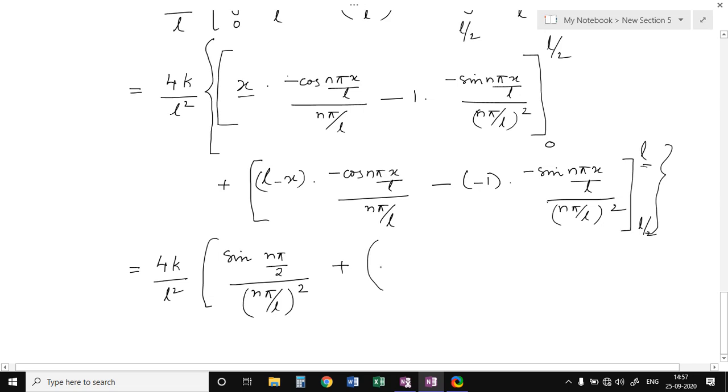Therefore, the value of the function at the upper limit is 0, minus the value of the function at the lower limit L by 2. When you put x is L by 2 here, we get sin n pi by 2, which is 0 for the first term, and from here minus sin n pi by 2 the whole divided by n pi by L the whole square.